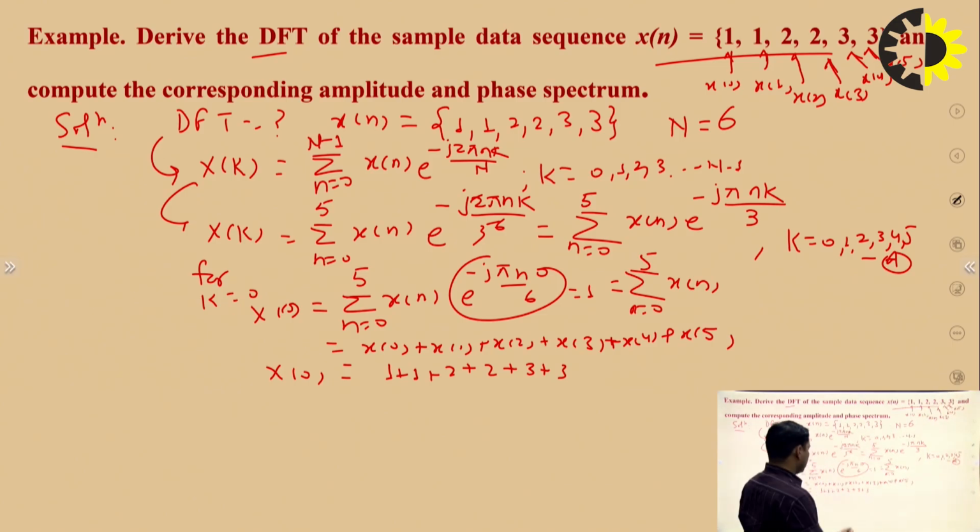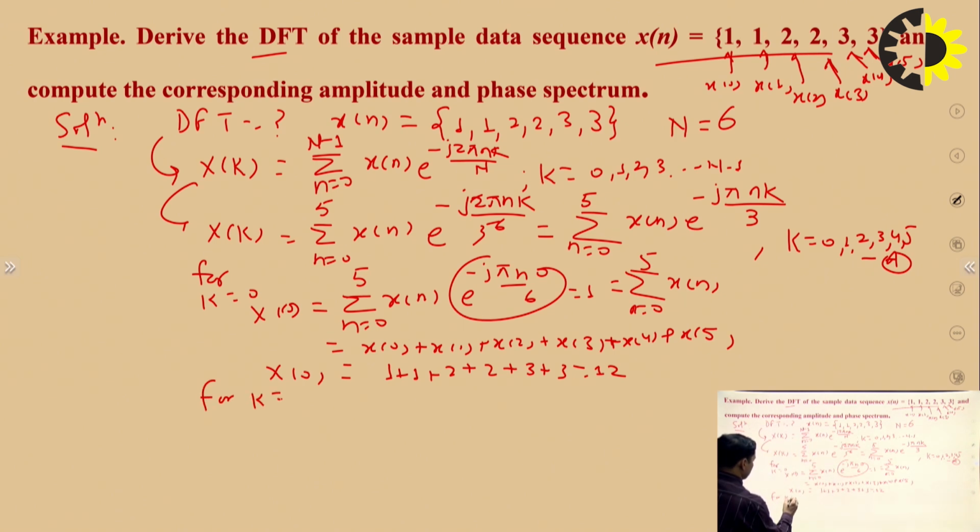So, we calculate: 3, 6, 10, so it equals 12. So, the value of X of 0, at the position k equals 0, the DFT for the given sequence, equals 12. That means it will be the summation of all the individual elements of the input sequence x of n.